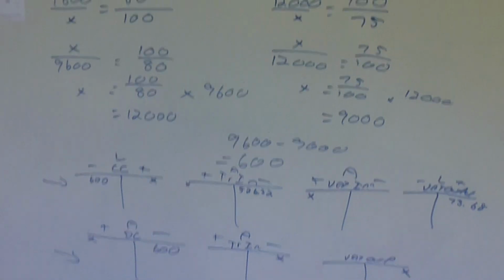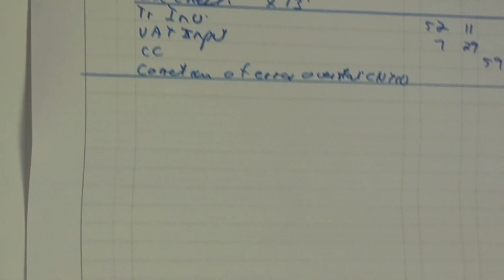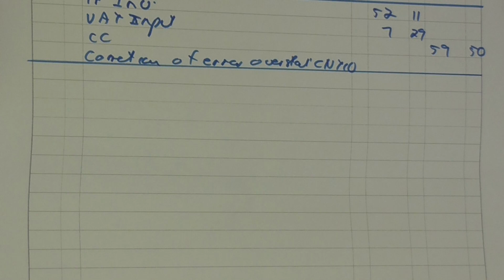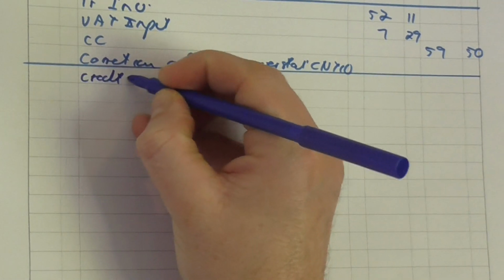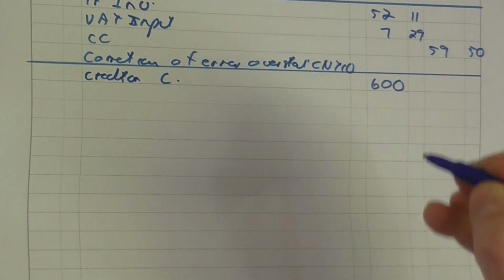So if we make the mistake, we go to the general journal, and let's do that. Okay, let me just get my pen. Great. So now, as we saw, the creditors control gets debited. So let's put that one in first. Creditors control gets debited with 600.